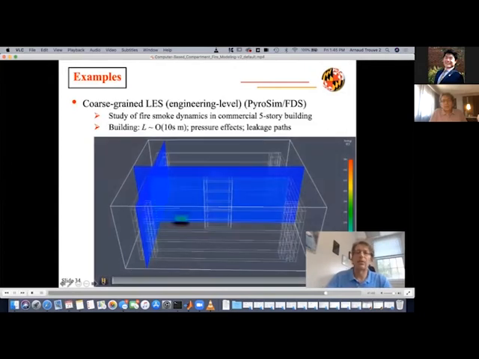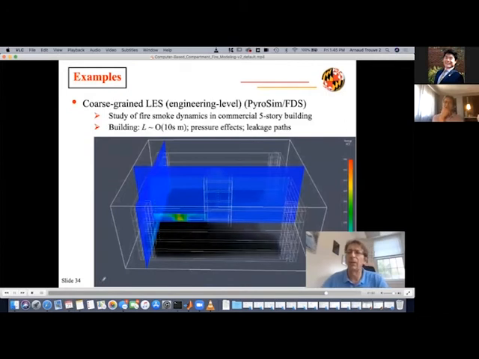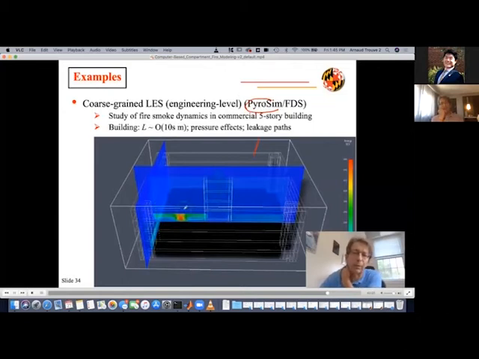So this simulation was performed using PyroSim as the preprocessor and also the post-processor of the simulation. And so what we're looking at here is first the black is the smoke that has invaded the ground floor. So we have a prescribed fire, a 10 megawatt fire on the ground floor. And we are interested in finding out whether there is smoke that contaminates the stairwell.